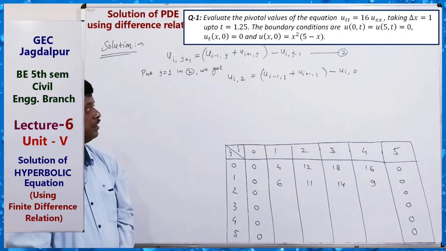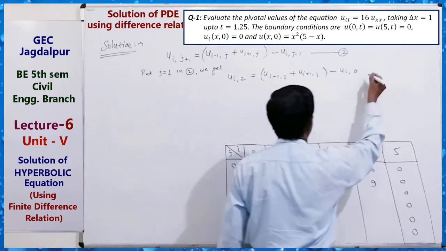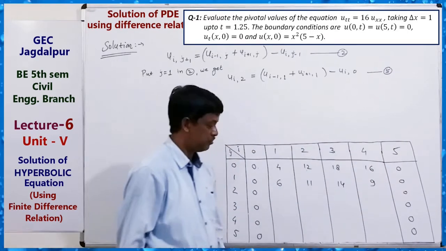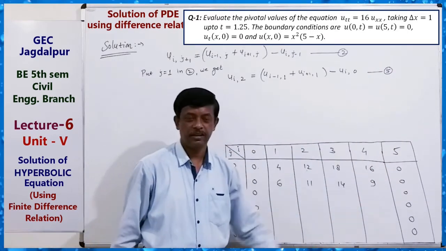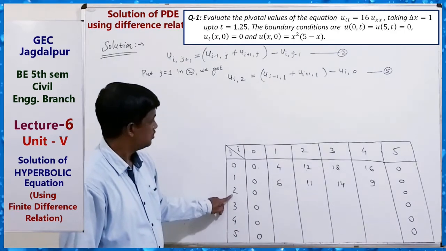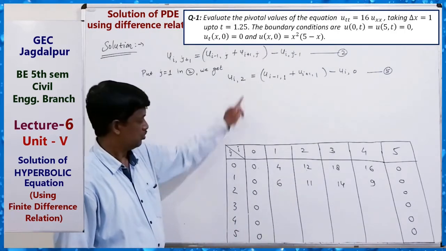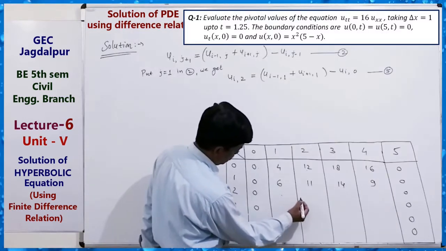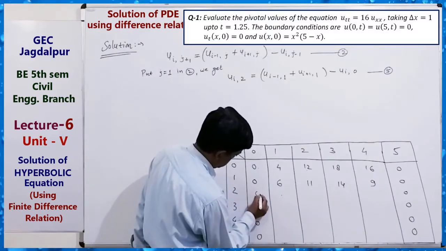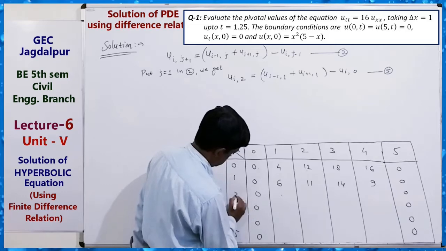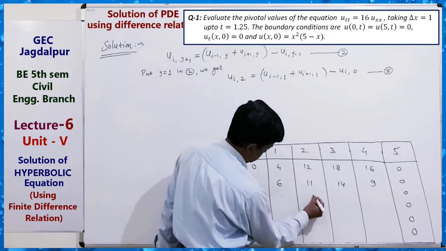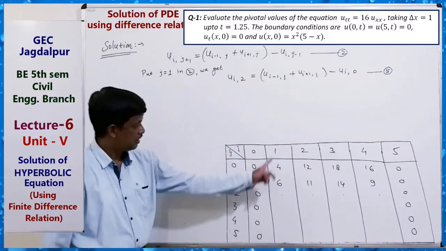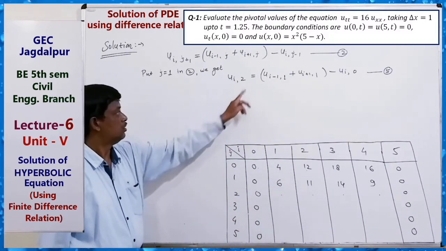Okay, so use this formula for finding values at this level. J equals to 2, so this value, and this can be found.